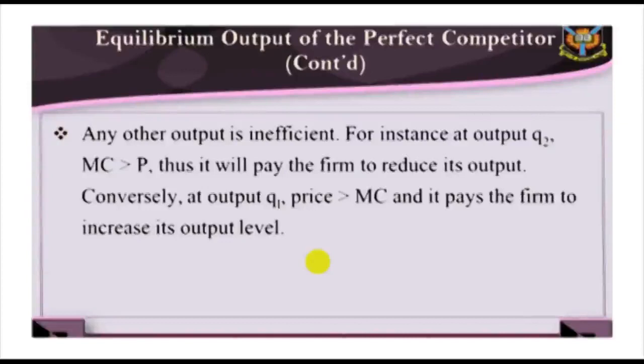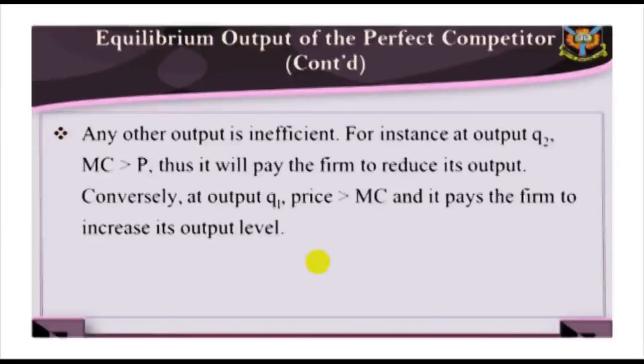It should be reiterated that in the short run, the firm can make profit or loss or break even. The actual position of the firm depends on the position of the average cost. If at the equilibrium output level of the firm, price is greater than the average cost, then it will make profit.